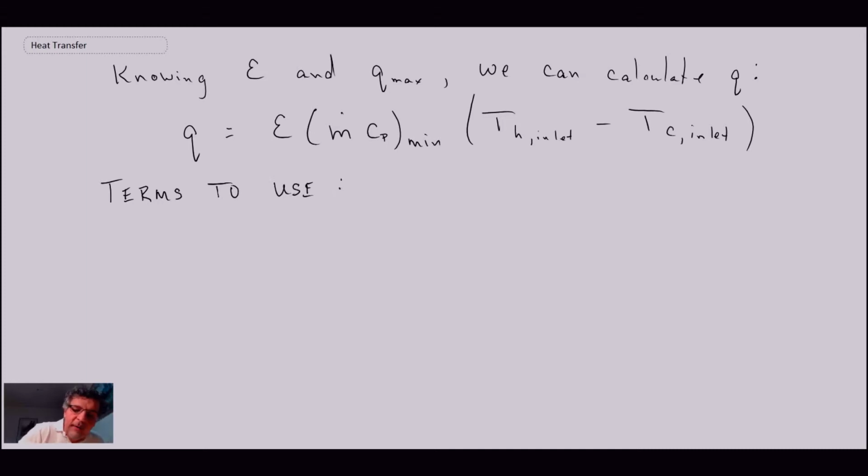We've already talked about the minimum fluid, but we define that as C min and C max. We'll also look at the ratio of these two, but we won't do it here. We'll do that later on. Other things we have, NTU, the number of transfer units.